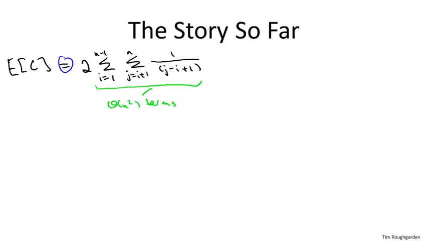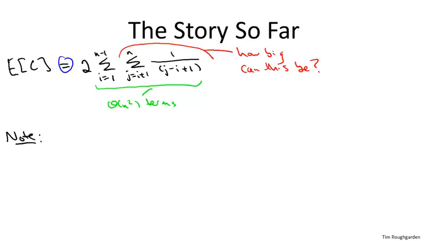So the idea is that we're going to think about a fixed value of i in this outermost sum, and then we're going to ask how big could the inner sum be? So let's fix some value of i, the value of the index in the outer sum. And then let's look at the inner sum, where j ranges from i plus 1 up to n, and the value of the summand is 1 over the quantity j minus i plus 1.